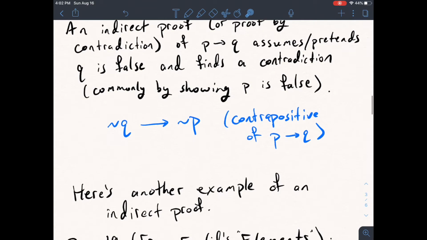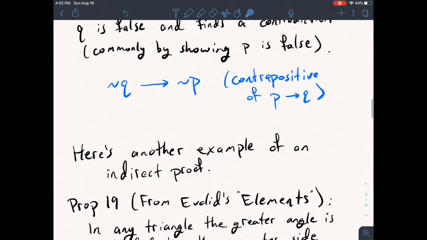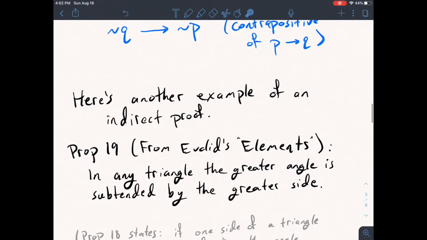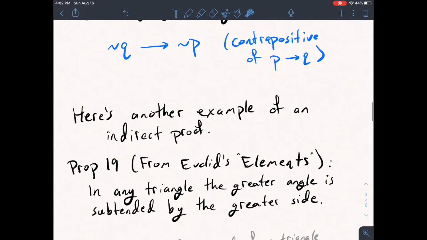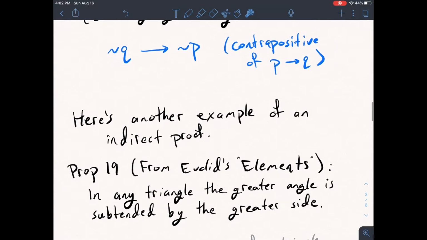So here's an example of an indirect proof. I don't know why I said another example. Well, it's another example of a proof, but this one's going to be an indirect proof. All right, so this is Proposition 19 from Euclid's famous book called Elements. It was a series of books, but the point is he proved a bunch of things about basic geometry.